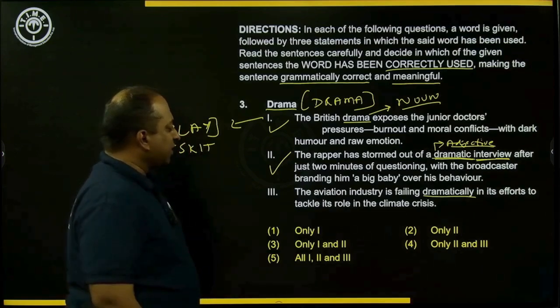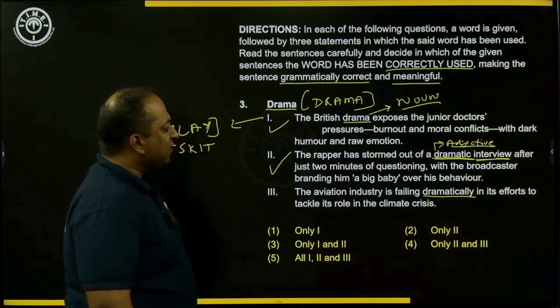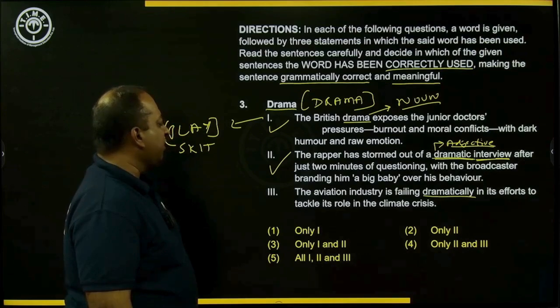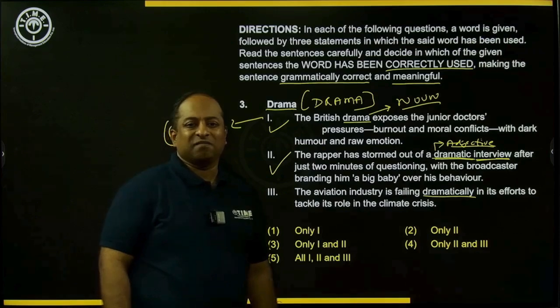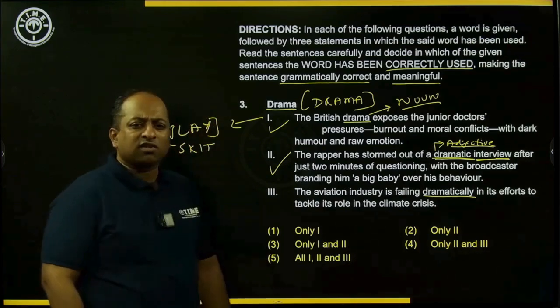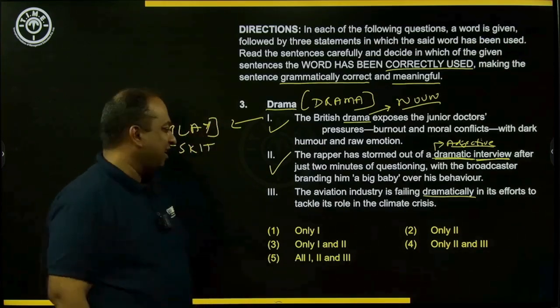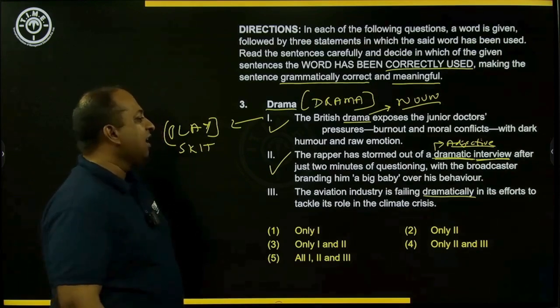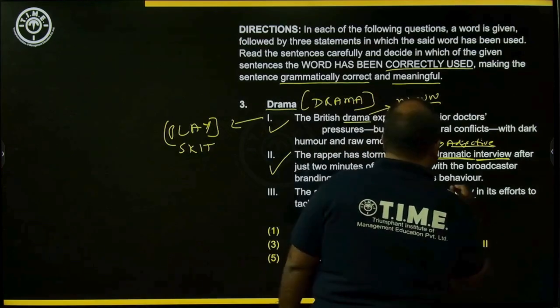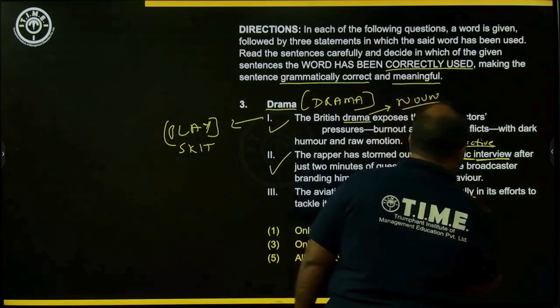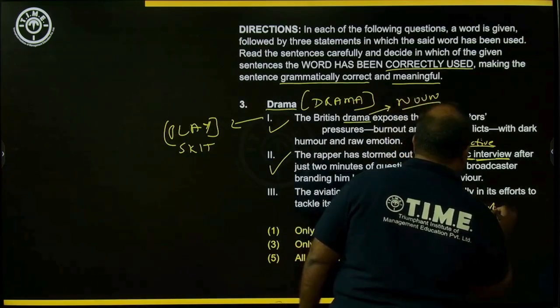Let's look at sentence number 3. The aviation industry is failing dramatically in its efforts to tackle its role in the climate crisis. Right. So aviation industry talks about the airline industry. So aviation industry is failing dramatically. Here the word dramatically is being used as an adverb. Right.